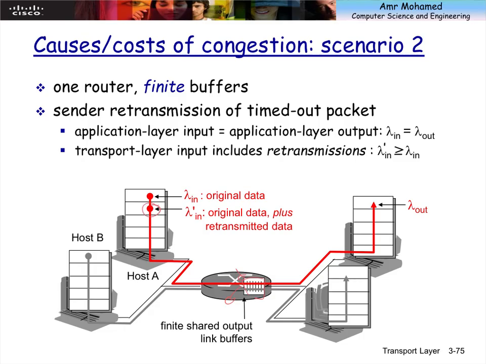The transport layer protocol will do what? Retransmission. Right? Okay? Which means that the transport layer protocol will have another rate of transmission, which is slightly over the application rate of transmission. Is that understood? Why? Because here, the transport layer protocol will have to send all the transmitted segments from the application plus the retransmitted segments.